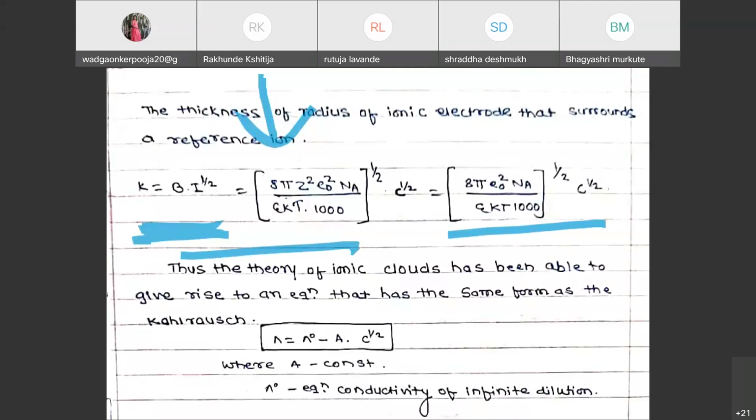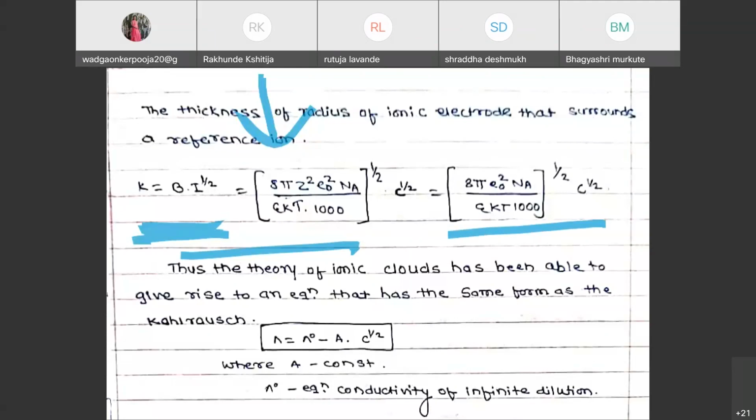We have only put the value of Z equal to 1. Now this theory can give you the Kohlrausch equation form. How can it give you the Kohlrausch equation form?